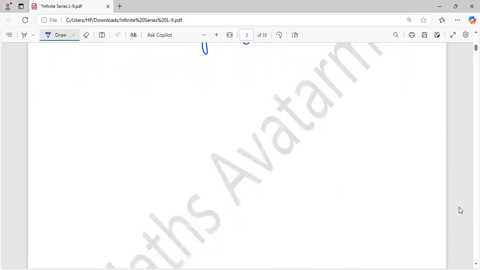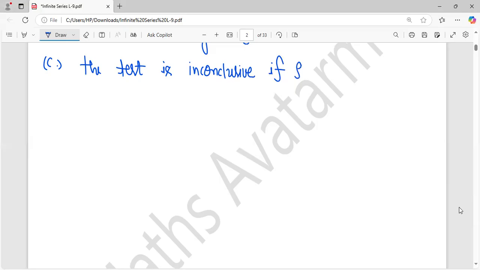Third case is that the test is inconclusive if rho value is 1. Okay, so let's see its proof.